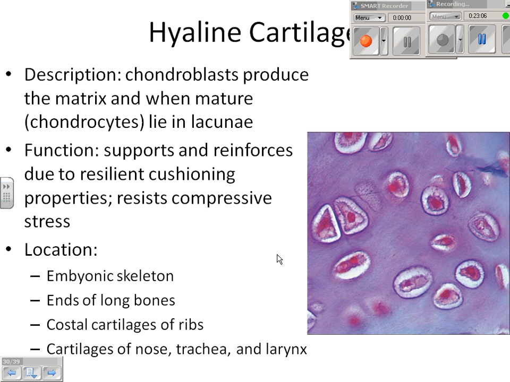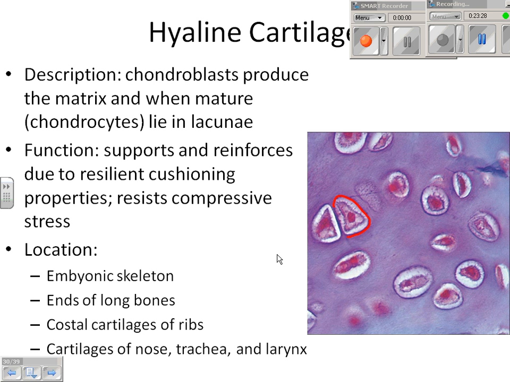The cell, of course, that you find in cartilage is called a chondroblast or chondrocyte, depending on the state of the cell. And these chondroblasts produce and secrete cartilage. So the matrix of cartilage is secreted by the chondroblast. Now here's one of the identifiers of cartilage. These little cells are housed in little rooms.